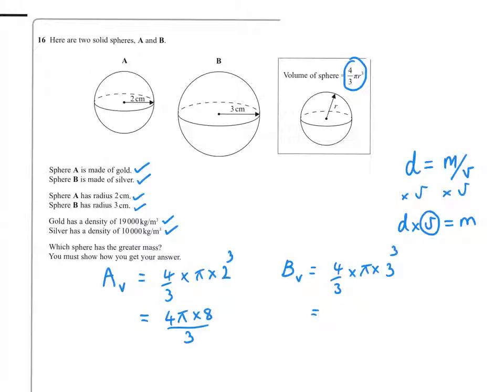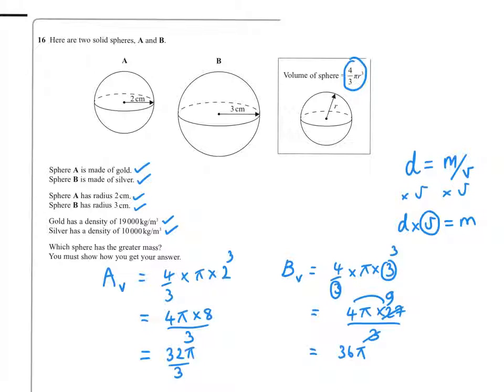And this one's going to give us 4 pi times 27 over 3. So this one here will give us 32 pi over 3. And this one will give us, well, 3 into 27 is 9. I should have recognised that from here. So that gives us 36 pi.